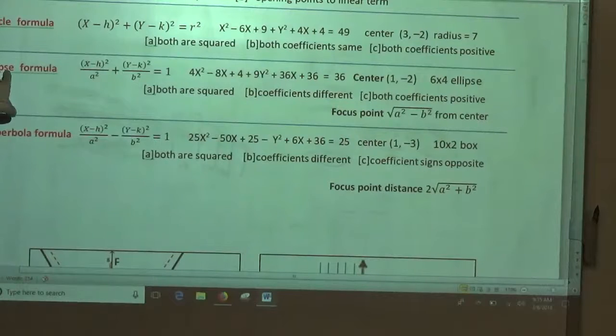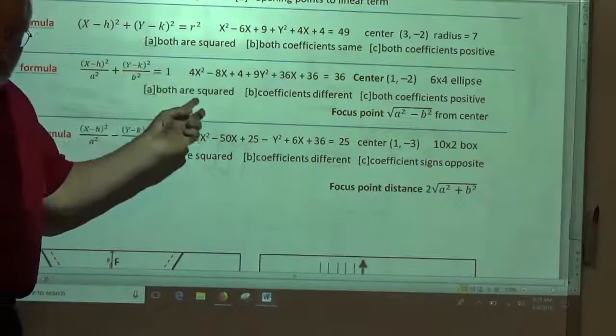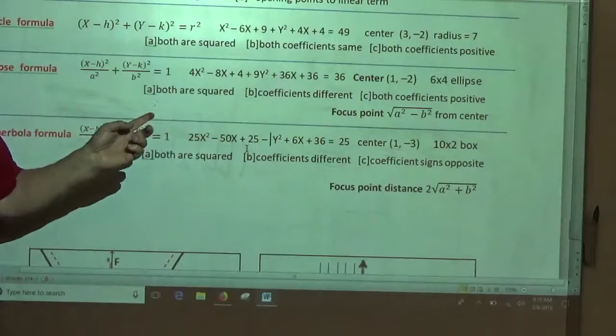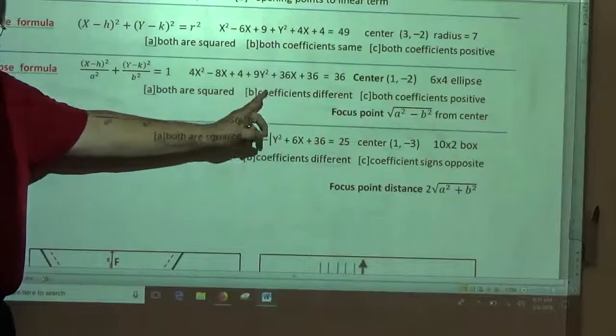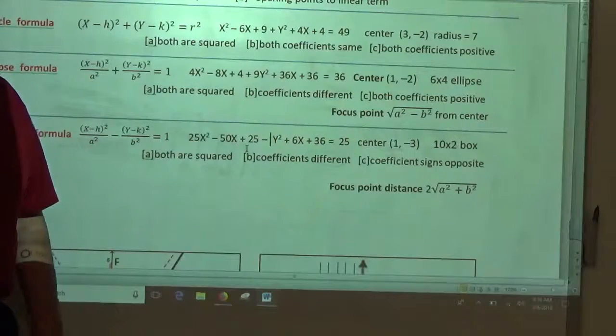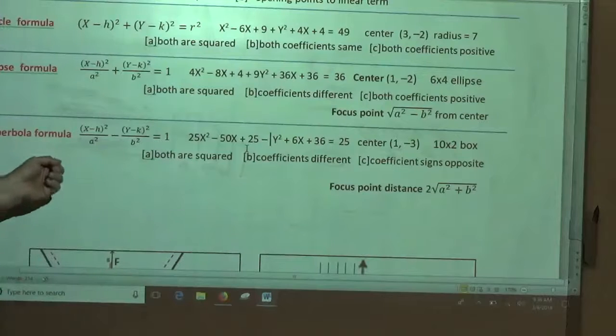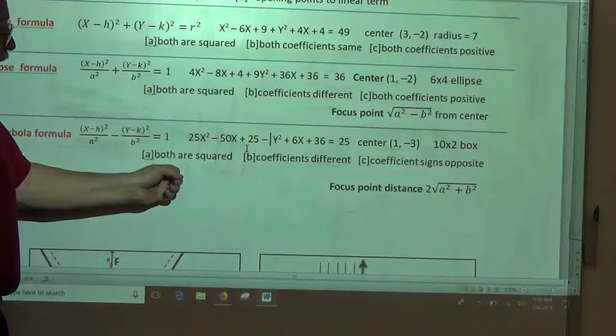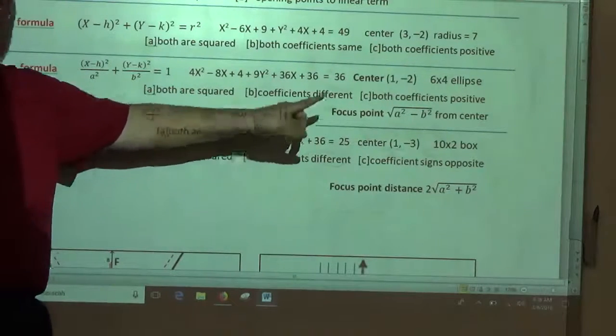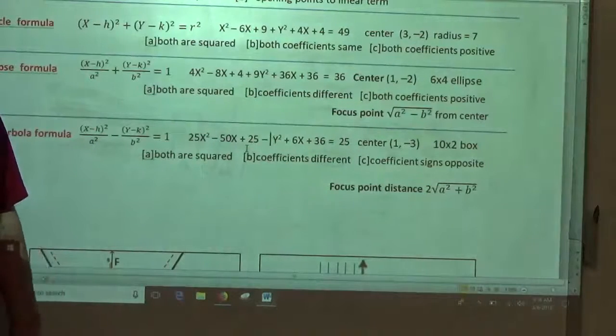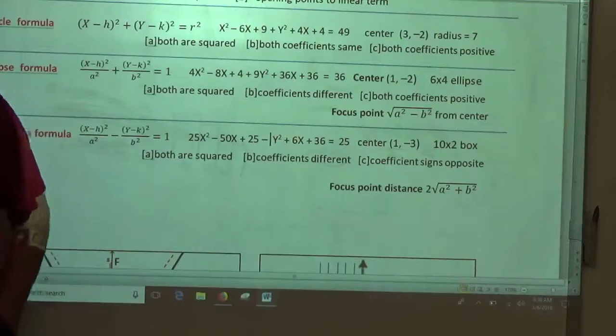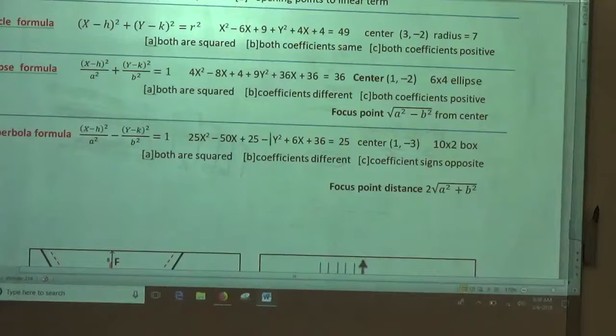How do you tell an ellipse? They're both squared, they're both positive, but the coefficients are different. Hyperbola, they're both squared, the coefficients are different, and the signs are different. Okay, so those are the definitions.